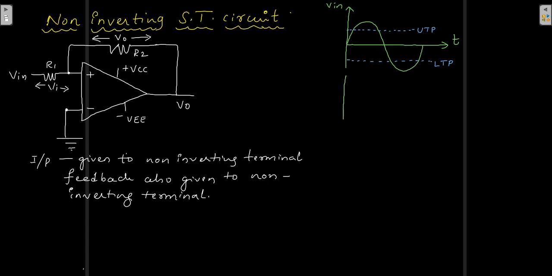Now here I have the output against T. See here, I take this UTP as the reference, and here I take the LTP as the reference. So now my output would become something like this.